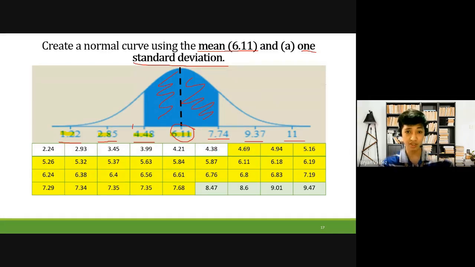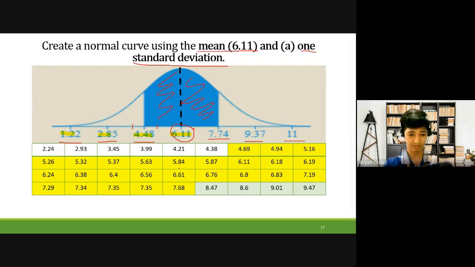So, 4.69 is around here. So, that's 4.48. So, 4.69 hanggang 7.68 lang. We cannot include 8.47 and above. Bakit? Kasi yung ating data na nagre-represent lang is until 7.74. Okay? So, meaning to say, from 4.69 up to 7.68, ito yung represented ng ating normal curve.